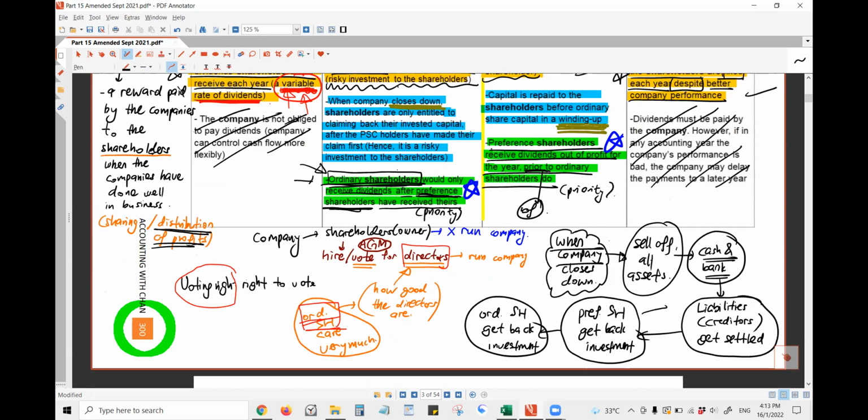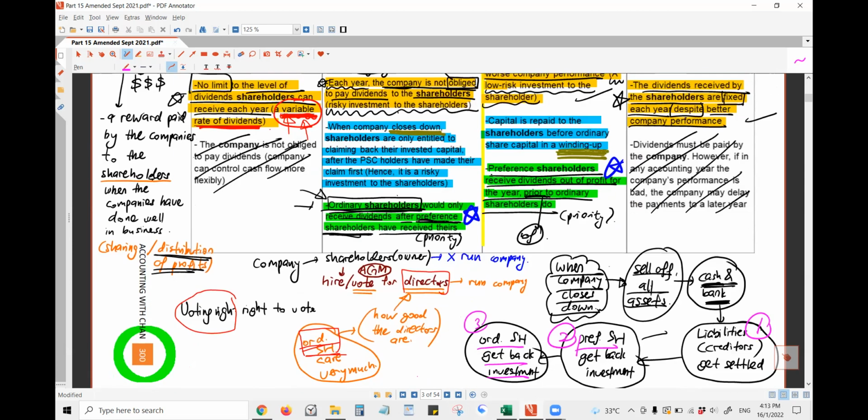When the company closes down, they sell off all their assets, and then they get back everything in the form of money, and then it starts with creditors getting back their money first. We settle those liabilities, followed by preference shareholders getting back their investment, then only followed by ordinary shareholders getting back their money. So this priority you must remember.